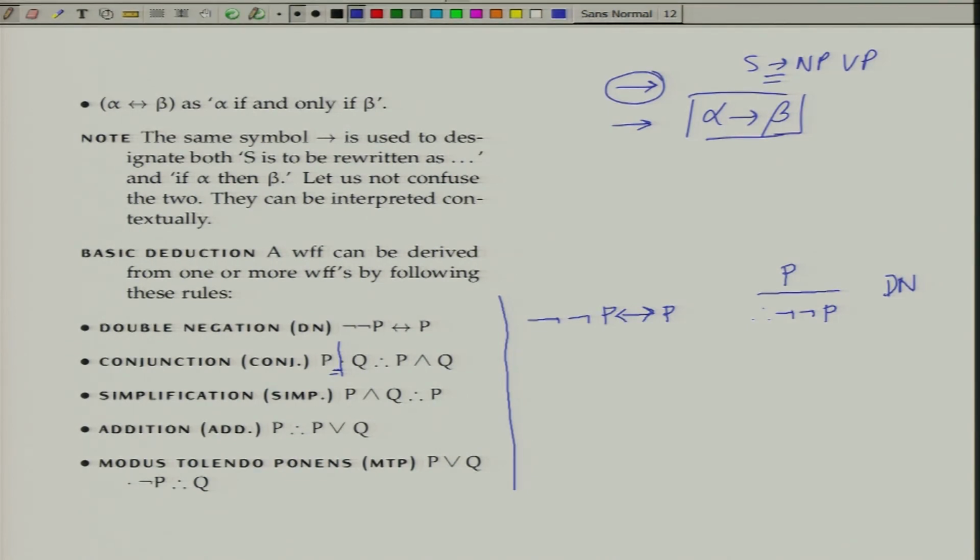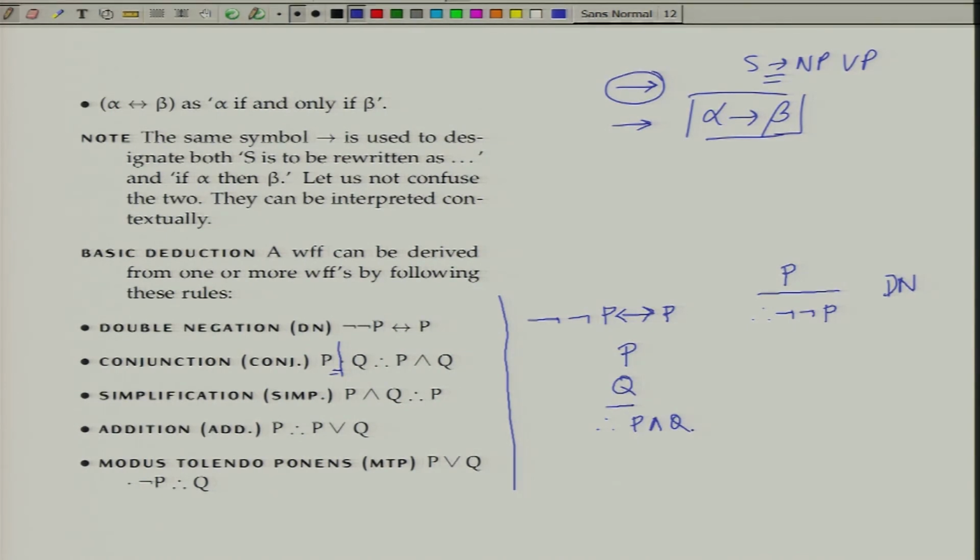Now, the next one says that if we have both P and Q, from that we can conclude P and Q. So it is something like this. If it is true that Ram hits the ball, and also if it is true that John hits the ball, from that I can conclude that Ram hits the ball and John hits the ball.